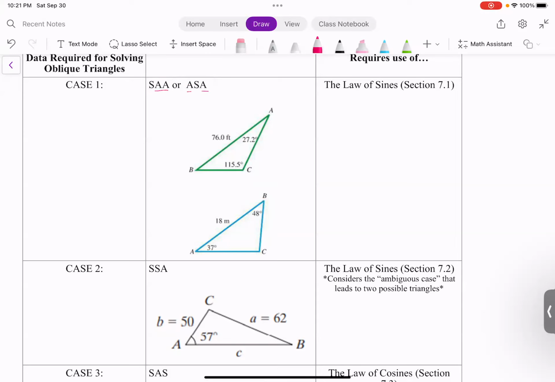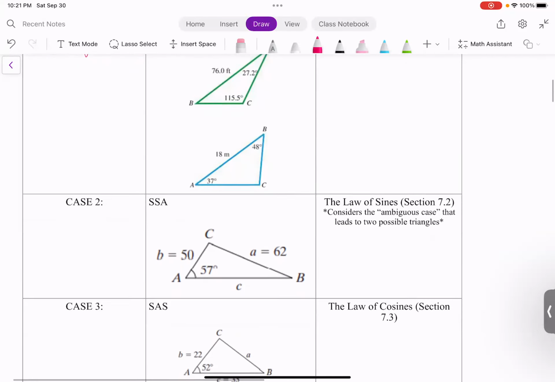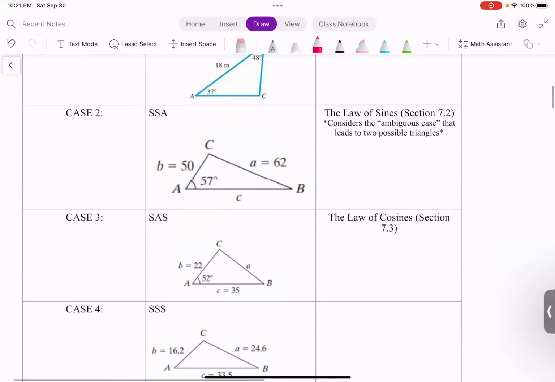So we have three angles and one side, and we can use the law of sines, which we will learn later. So case one is the two-angle case.